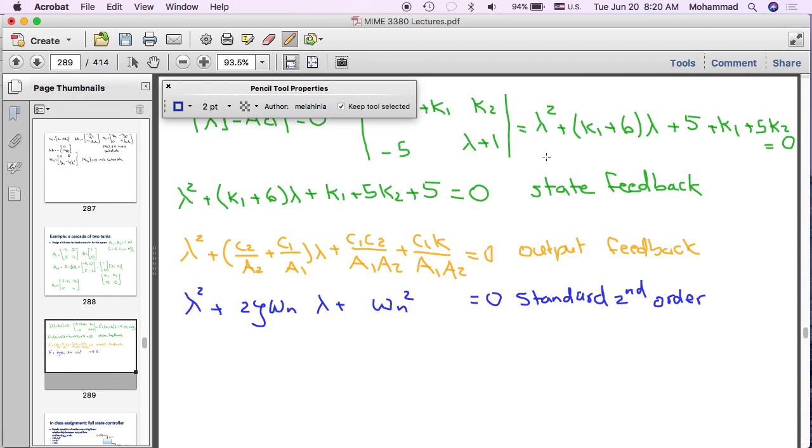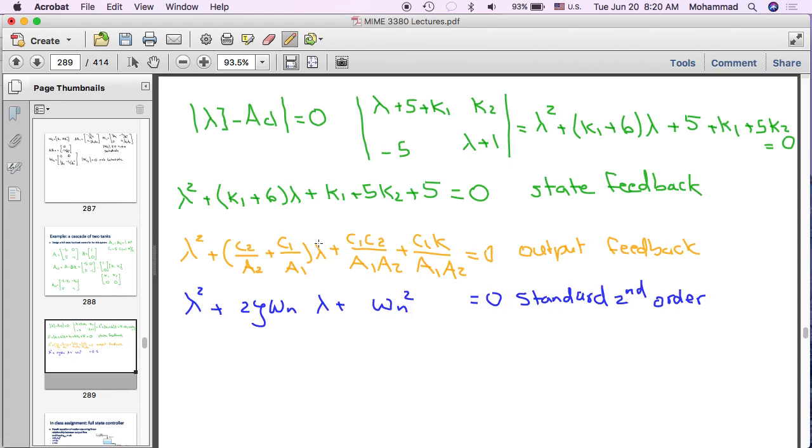And the reason we bring this in is to see what each of these two control methodologies offer us. So let's start from output feedback. As you change K, now remember, A1, A2, C1, and C2 are not design variables. They're fixed. We have two tanks, which essentially gives us all of these numbers. So these are not design variables.